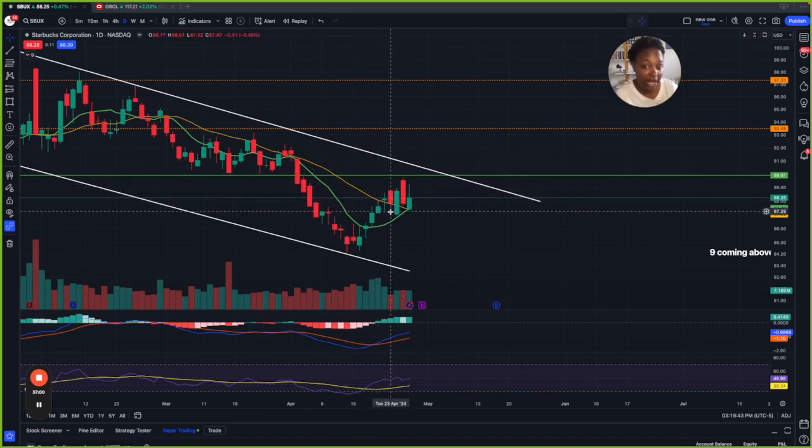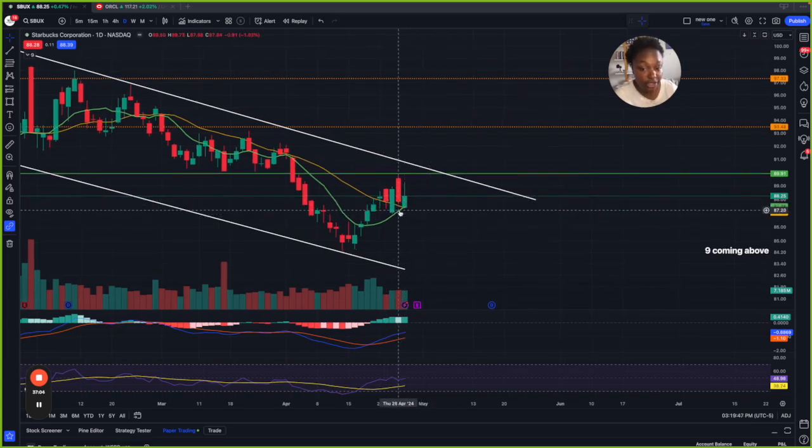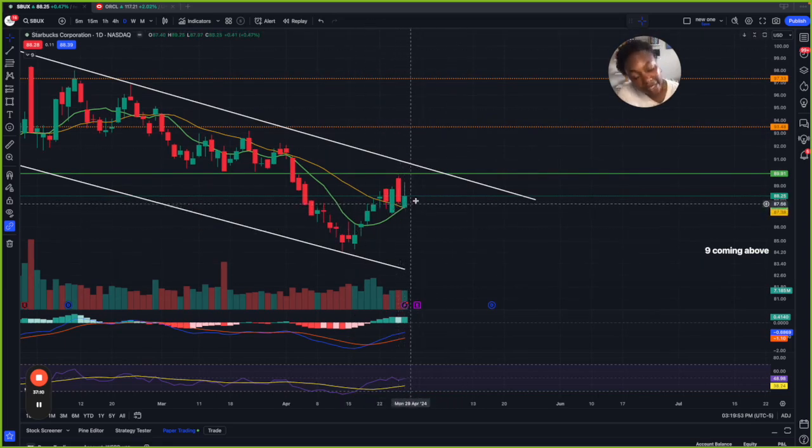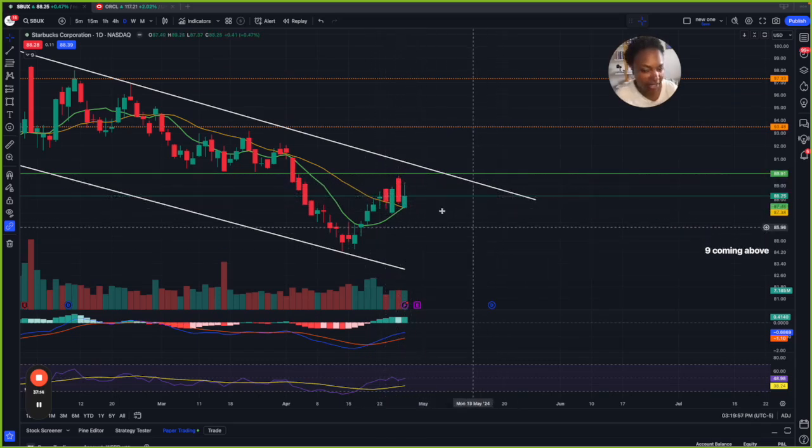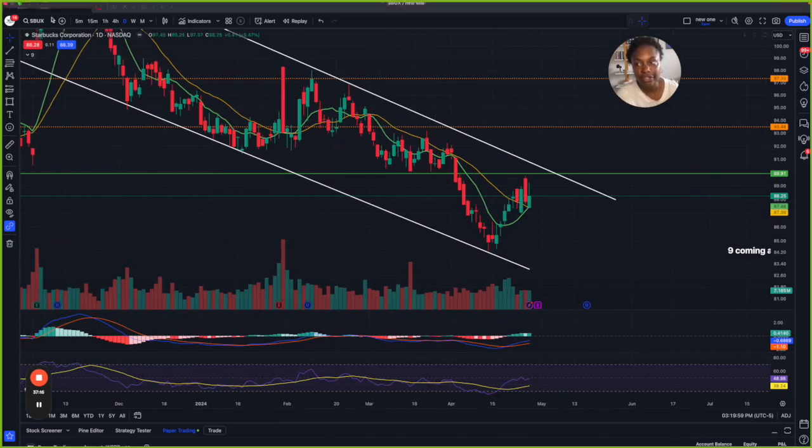The 9 is starting to cross above the 21 MA. What I'm not the biggest fan of is that the 20 MA is not also curving up. The 20 is still coming down. So that's something to watch for next week.